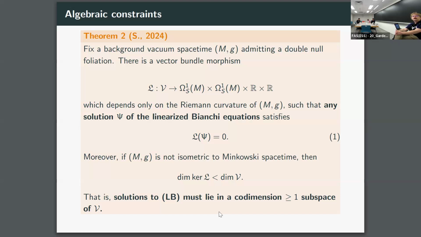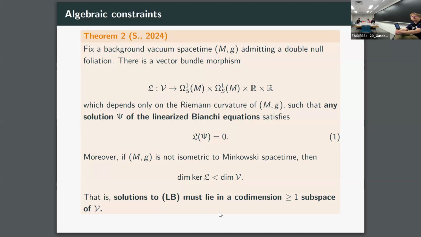That's less important. The important part is this vector bundle morphism. So right, it just means it's a linear map at every point. It depends only on the Riemann curvature of the underlying spacetime. And any solution of the linearized Bianchi equations has to lie in its kernel.